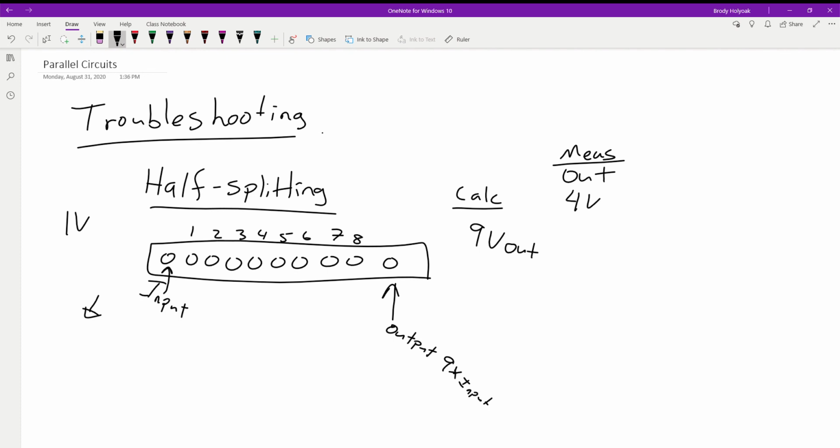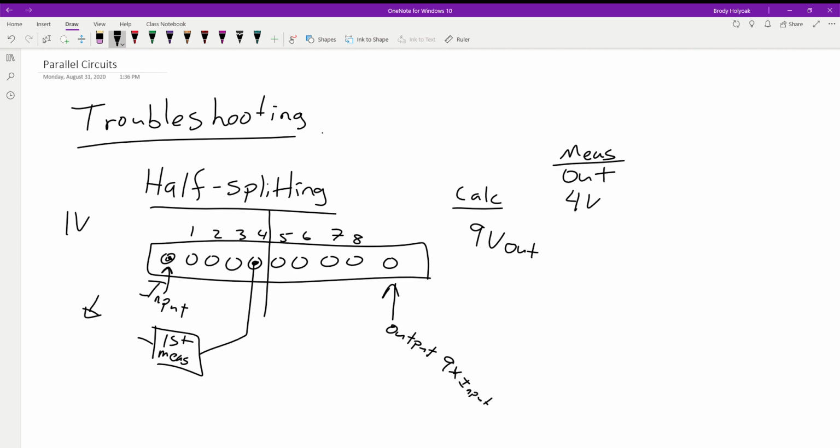So half splitting is we're going to split our options straight in half, especially in a system that builds upon each other. So we're going to measure from here to here, or measure from here to ground. This is going to be our first measurement. Well, when we measure there, we're getting 4 volts.